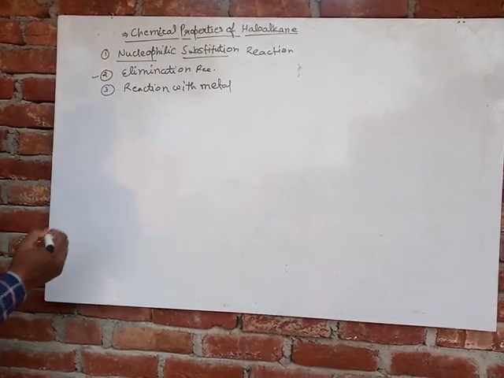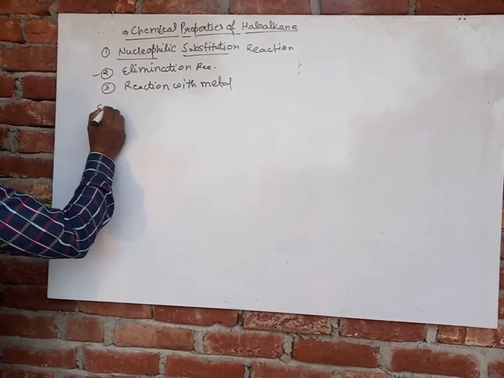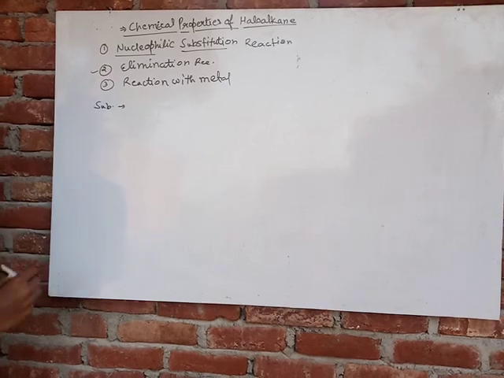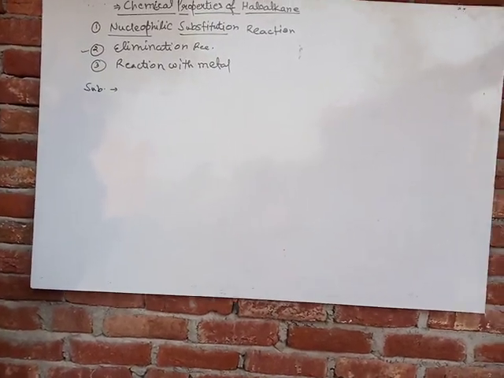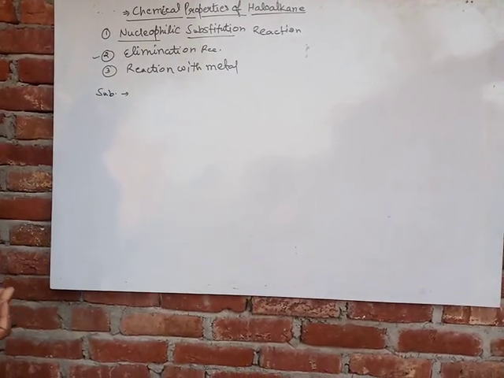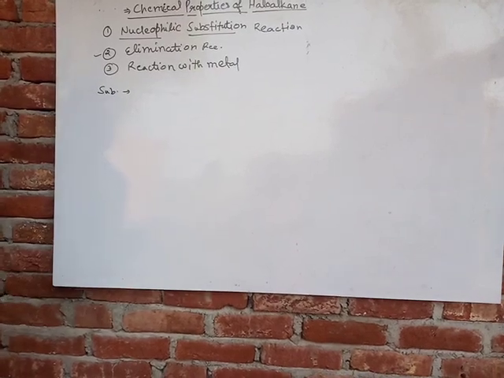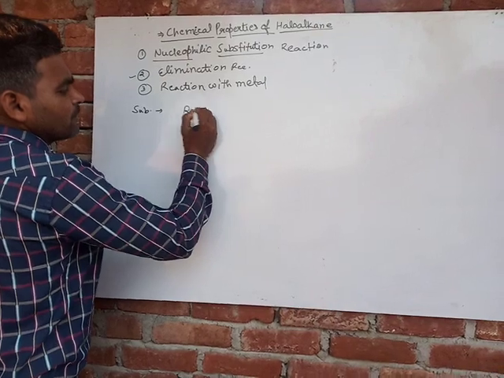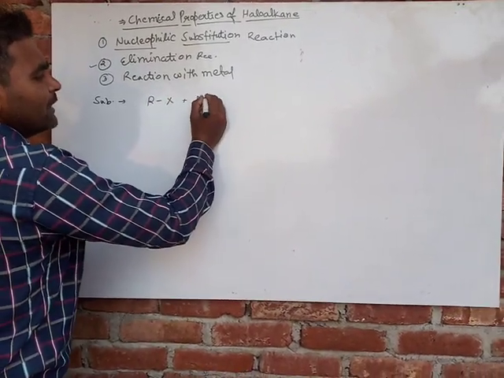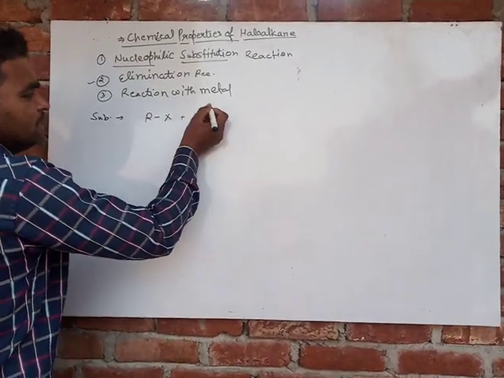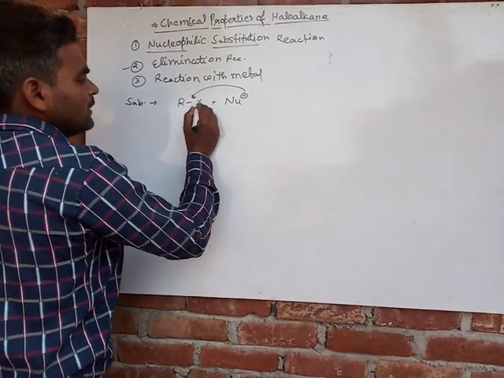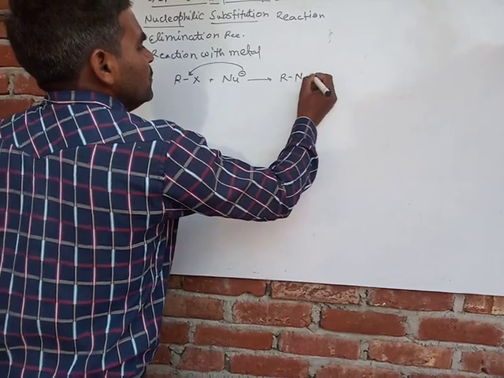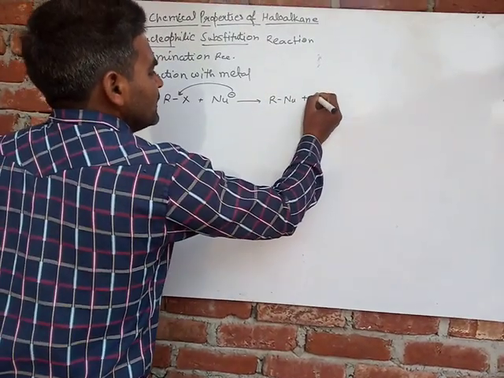We know about the substitution. Substitution is a type of reaction in which any group or species is replaced by another group. For example, we have a compound RX, and if a nucleophile Nu minus attacks the RX and replaces the halogen X and forms RNu, and X minus is removed.